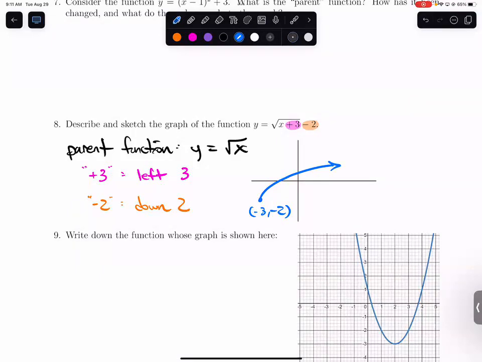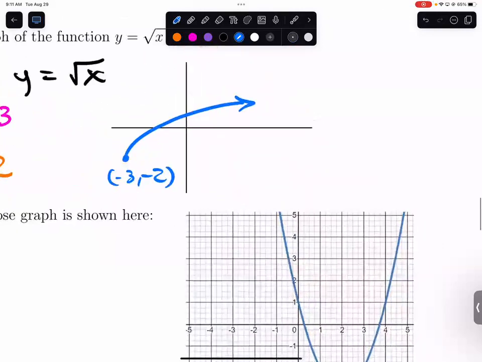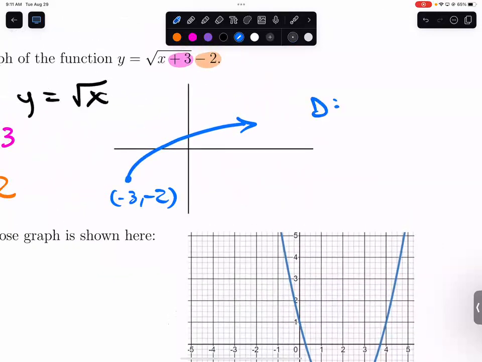Okay, cool. And then of course that changes the domain and range as well, right? Those move along with everything else. So we might as well write them down. What's the domain of this thing, right? The new one, not the original function, but what we're actually looking at. -3 to infinity, yeah, starts at -3 and then it's going to the right, so in the direction of positive infinity.